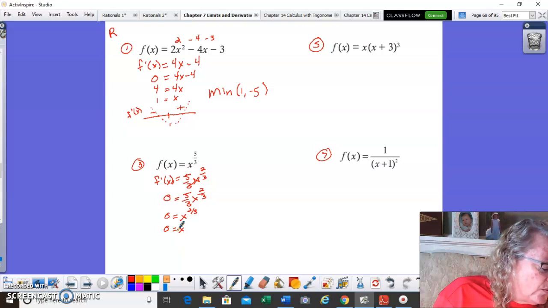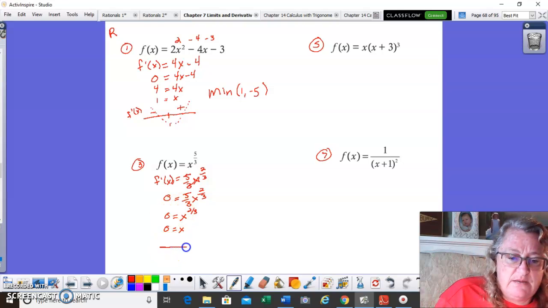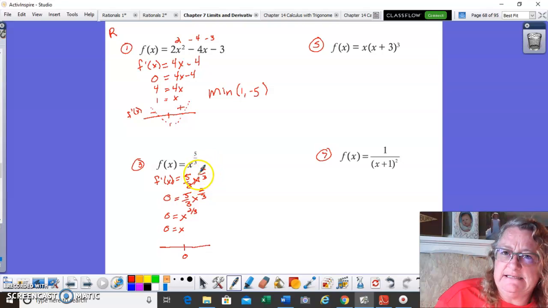All right, so when x equals 0, I'm going to figure out if I have a sign change by putting numbers into my first derivative. If I put a negative number into my first derivative, I'm going to end up squaring it. That's the main thing I need to see, because once I square it, it turns the negative to a positive.